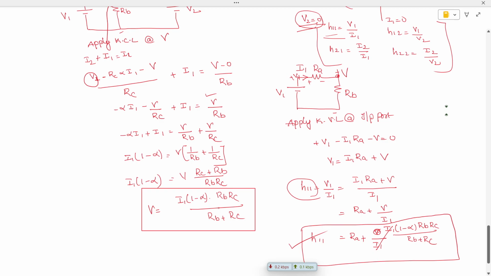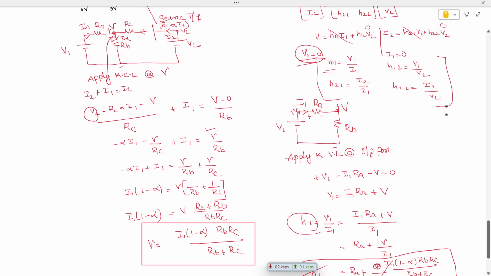And next we'll require the relationship between I2 and I1. So in order to do this, let's try to link our equation.